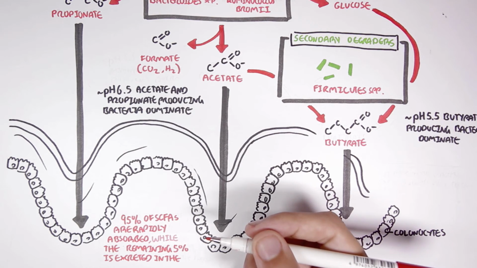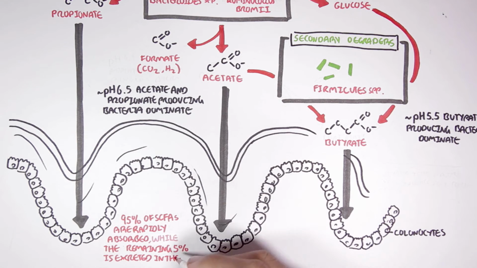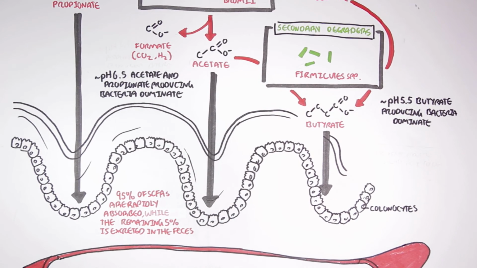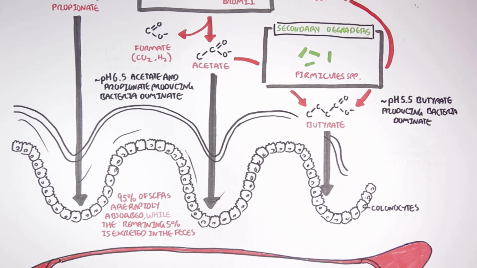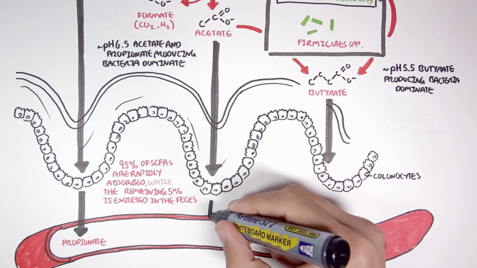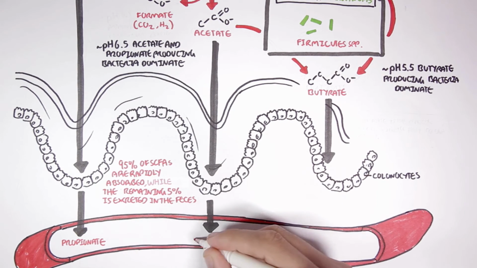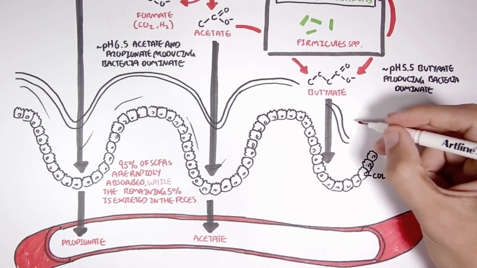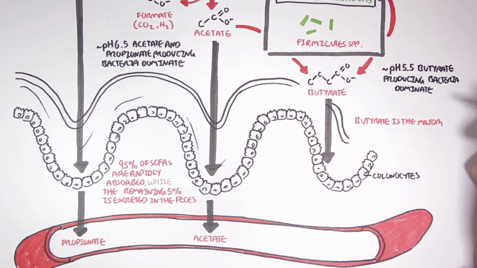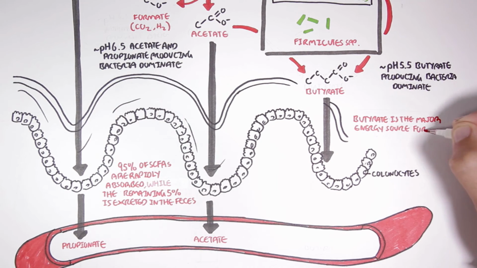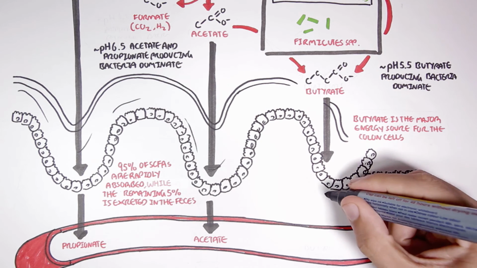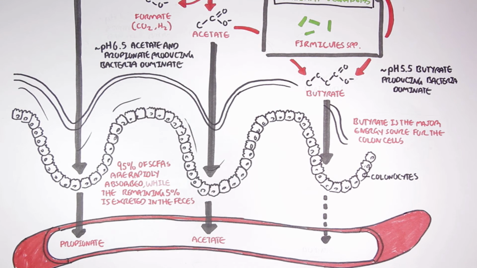After being absorbed by the colon cells, the short-chain fatty acids can enter circulation and enter the portal vein, which is blood traveling towards the liver. Here, propionate and acetate enter the portal blood. Butyrate, on the other hand, is the major energy source for colon cells, resulting in low concentrations of butyrate in portal blood.